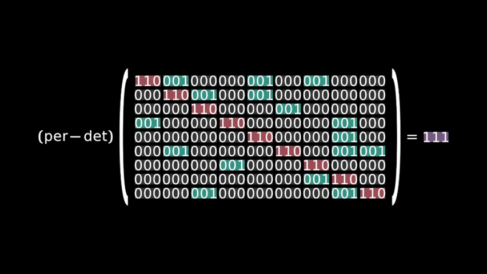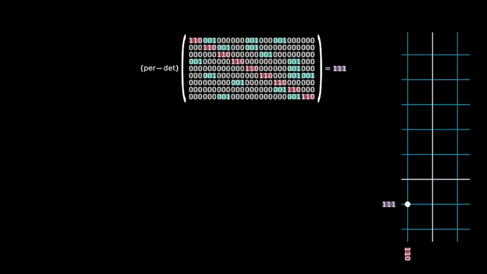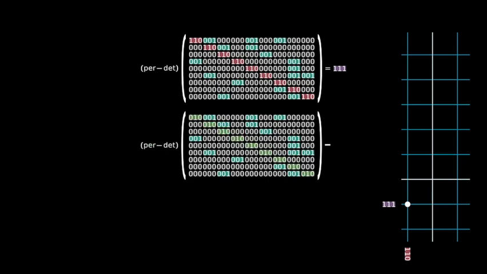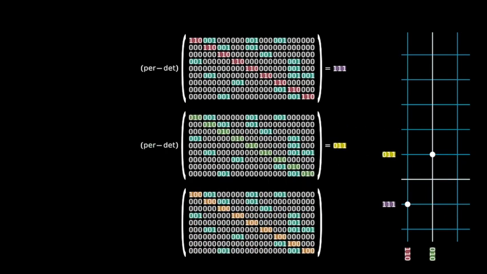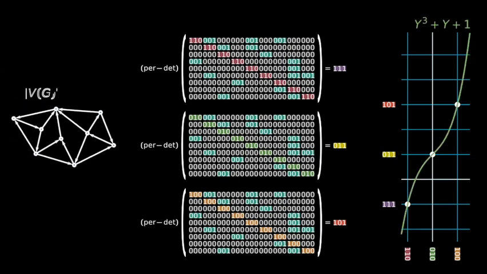The result is a value which we reinterpret as a member of the field, and that gives us now a single x, y pair in the field. We do this n+1 times and interpolate the coefficients of our polynomial, which was a polynomial in y. The highest order term in that polynomial then tells us the length of the shortest even cycle in the original graph.